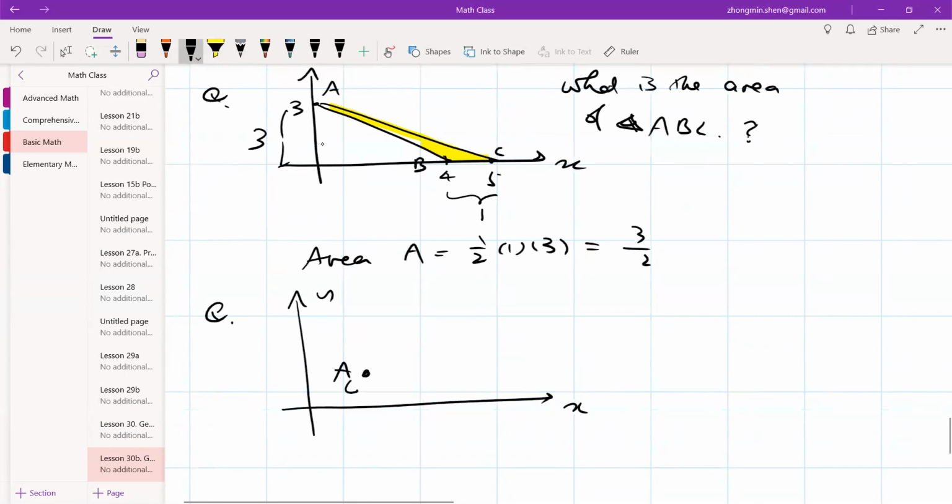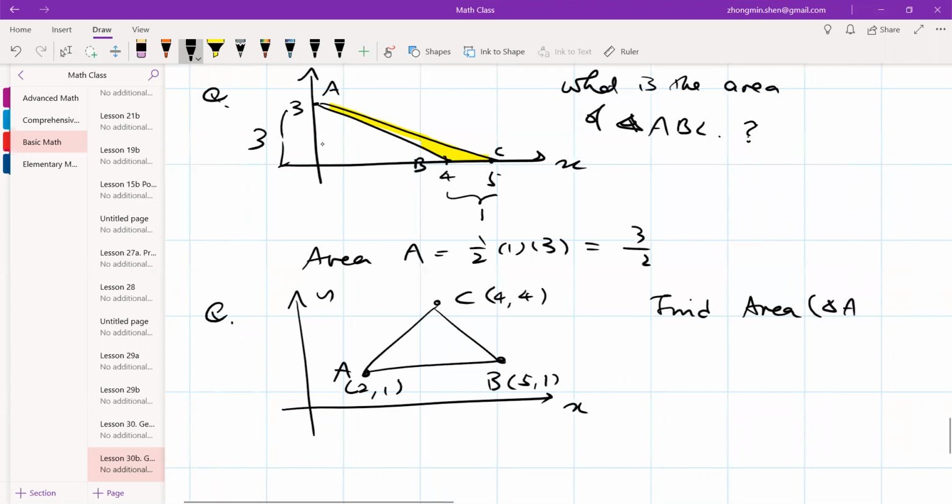I have point A with coordinates 2 and 1, another point B at 5 and 1, and then C at 4 and 4. Find the area of this triangle. 6.